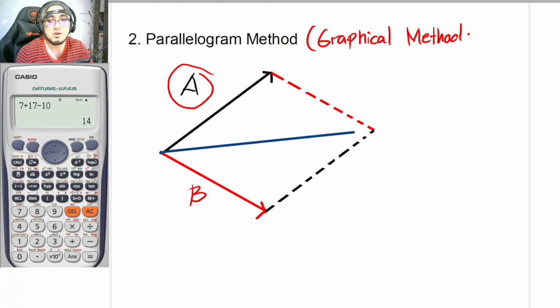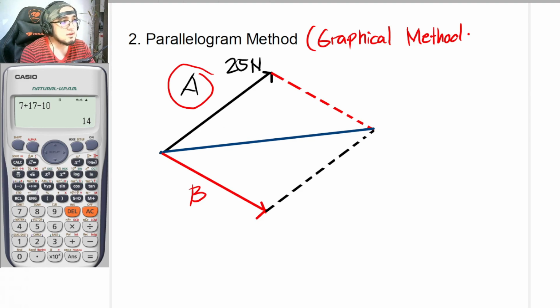So just draw this. Once this one is already drawn, what you would be doing is measuring this line, and that is now your magnitude. So for example, this vector here is equal to, let's say, 25 newtons.